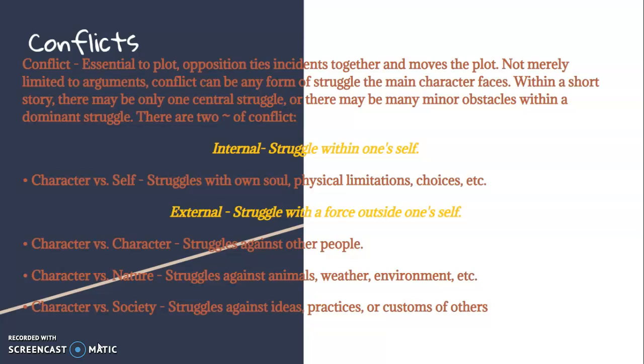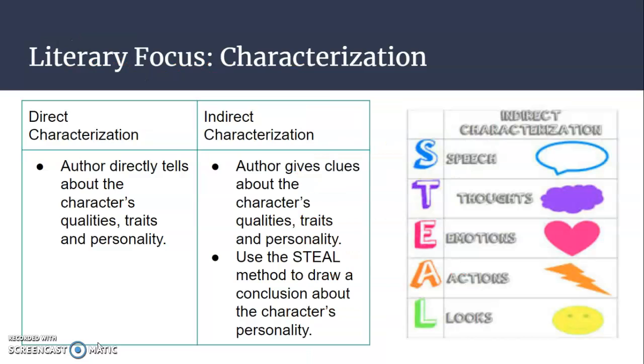External is when the character is struggling with an outside force, outside of the body. It could be character versus supernatural, character versus nature, character versus another character, character versus society. So we're looking at the struggle that the character has outside of itself, okay?